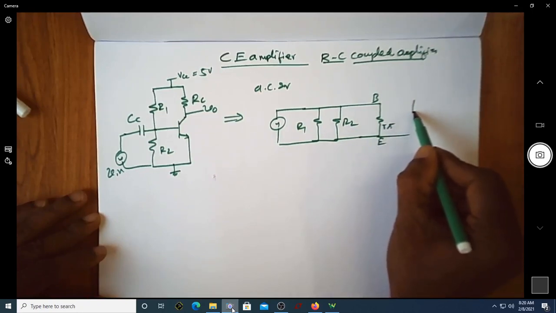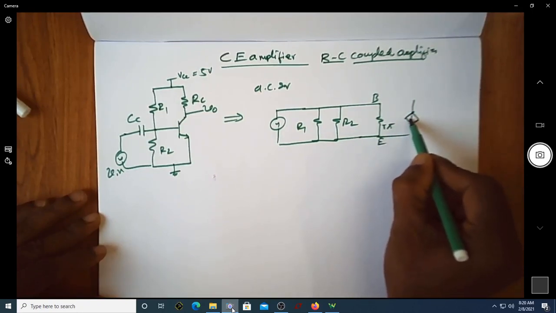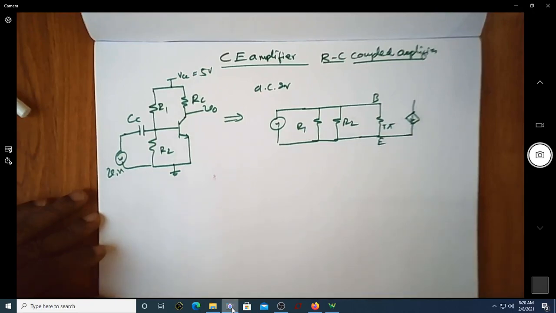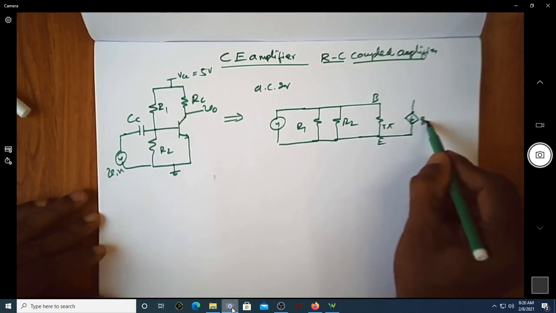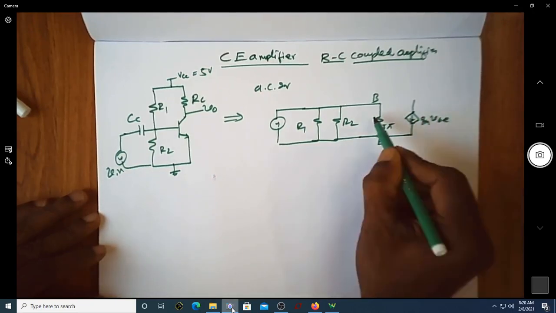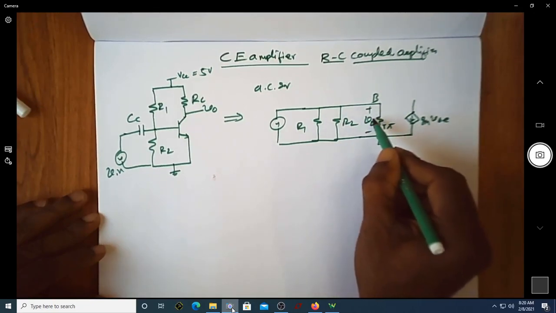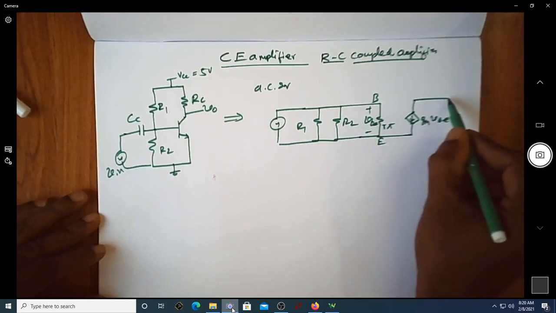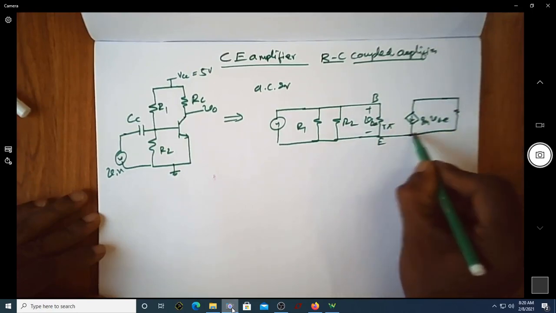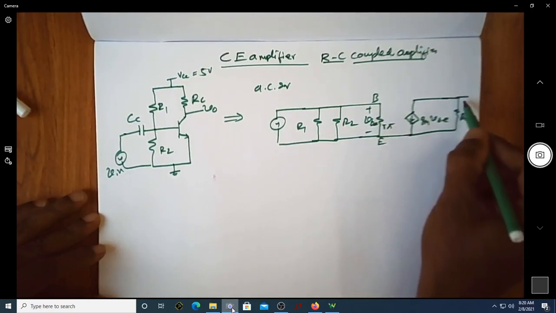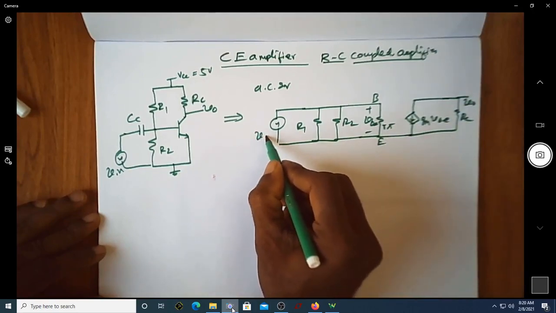Of course, I'm going to have a voltage dependent current source which depends on gm and VBE. So this is VB here, this is plus minus, and of course I have my resistance RC. This is the output measure, this is Vout.